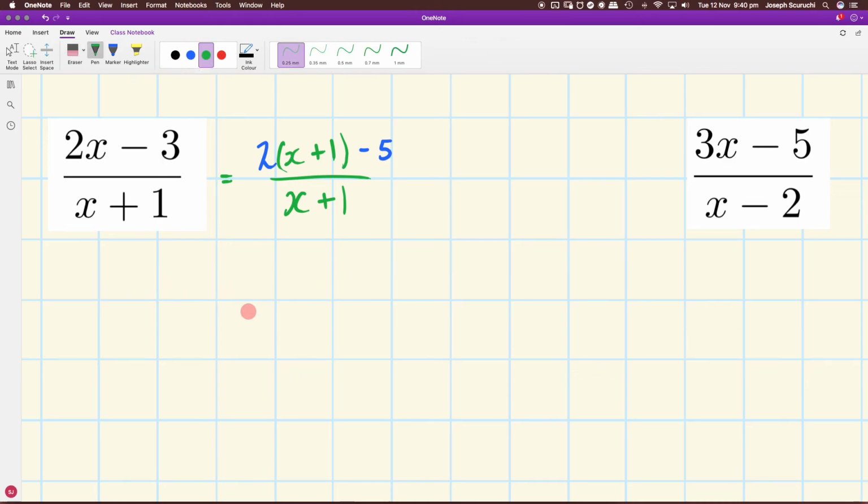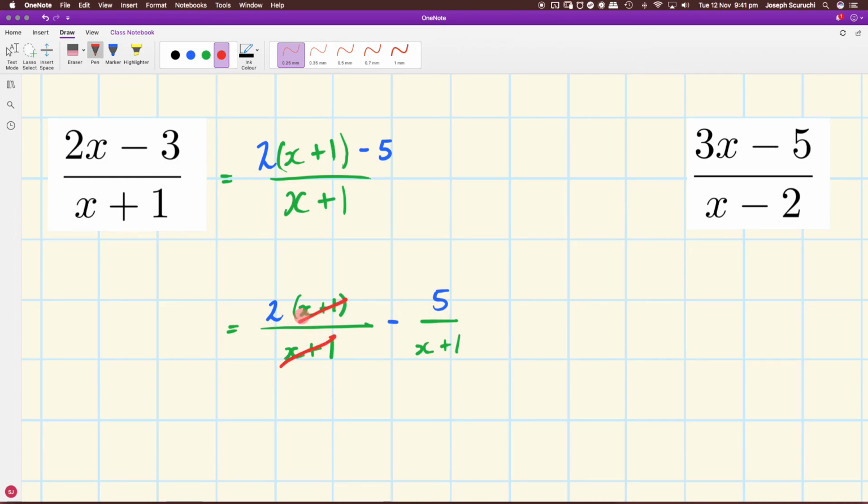I then continue with my standard protocol. I come here, I go 2, whoopsie daisy, let's keep the colors the same because I think that helps with our understanding. x plus 1 over x plus 1 minus 5 over x plus 1.